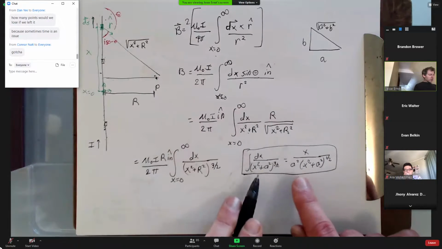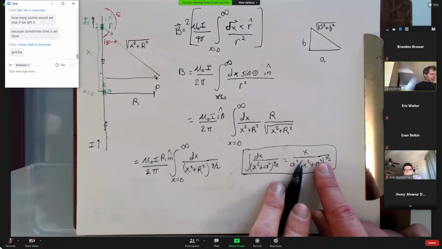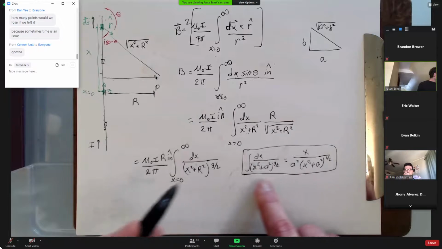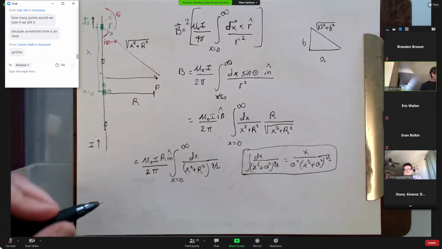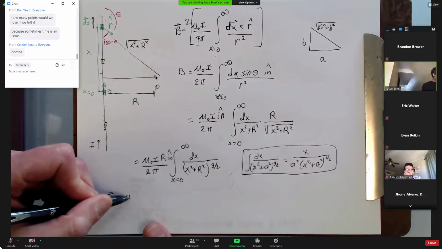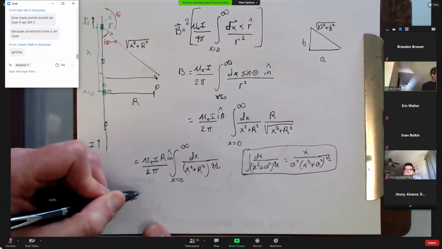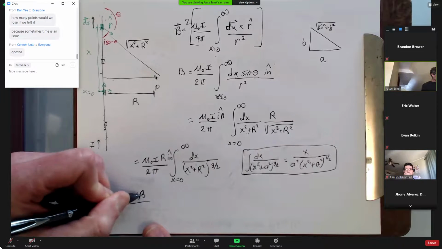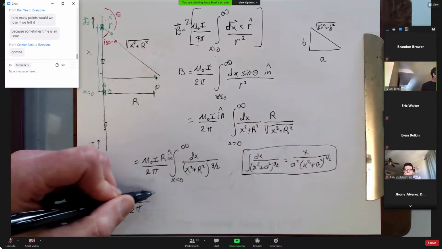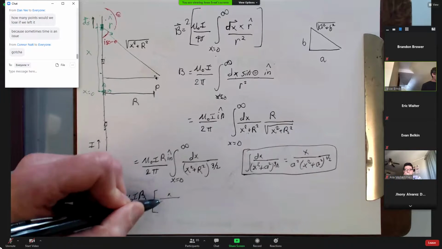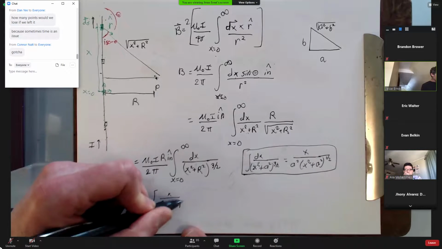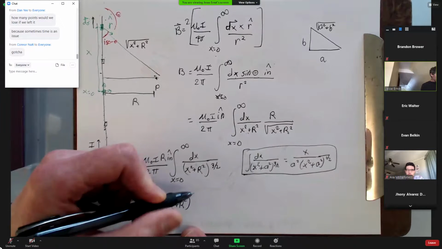So good. Now you can just use this result for this integral and plug in the limits of 0 and infinity. If you do that, you should wind up with B equals mu naught I r over 2 pi times x over r squared times (x squared plus r squared) to the 1/2, evaluated from infinity to 0. You should do this on your own if you're at all shaky on this.